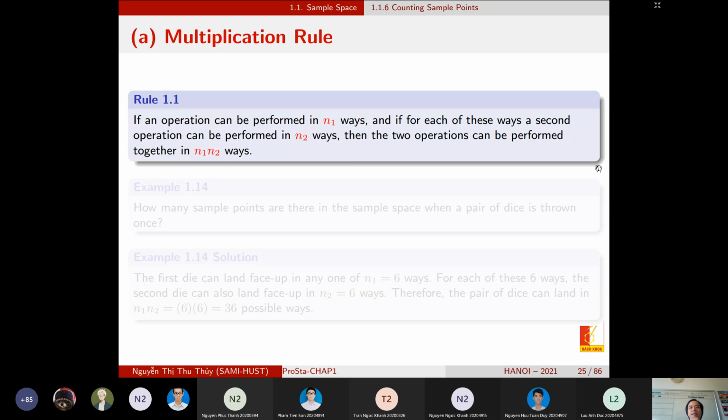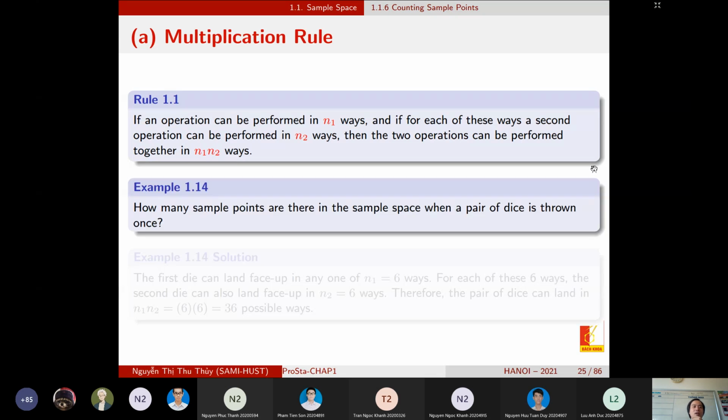That's the rule of multiplication, and this rule can be extended to n1, n2, up to nk ways if we combine k operations with different ways. For example, how many sample points are there in the sample space when a pair of dice is rolled once?